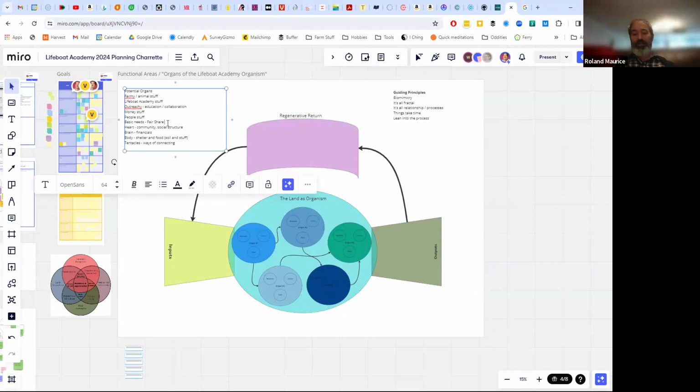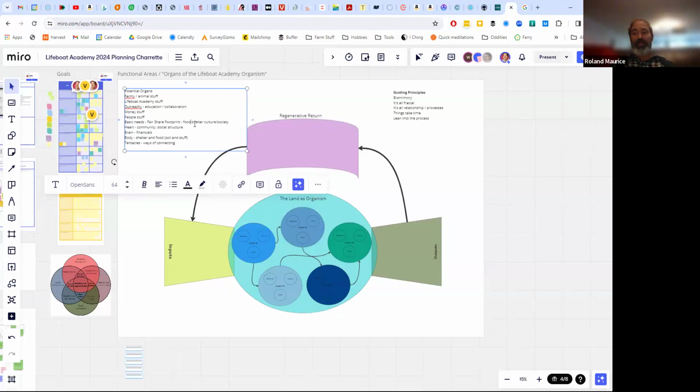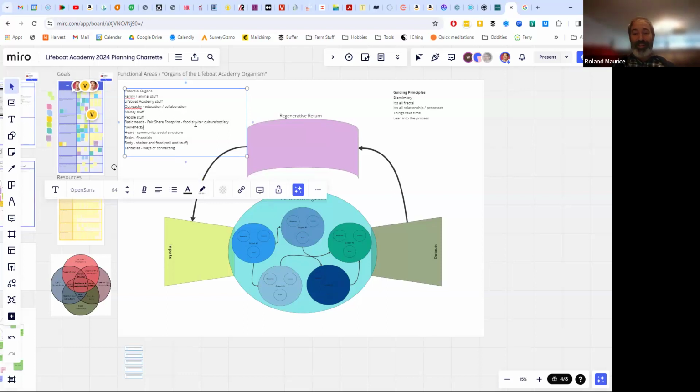It's food, shelter, I would say actually society, for the type of organism that we are. So food, shelter, fuel, society, and if you can think of anything else, that's what I can think of right now.